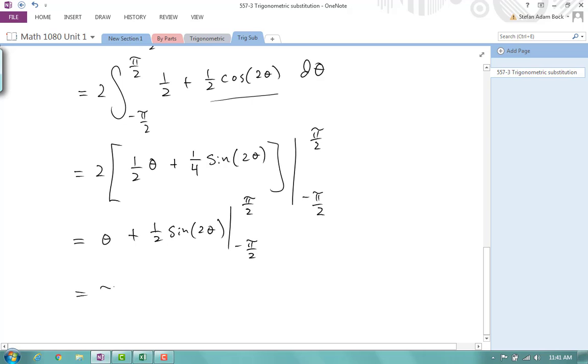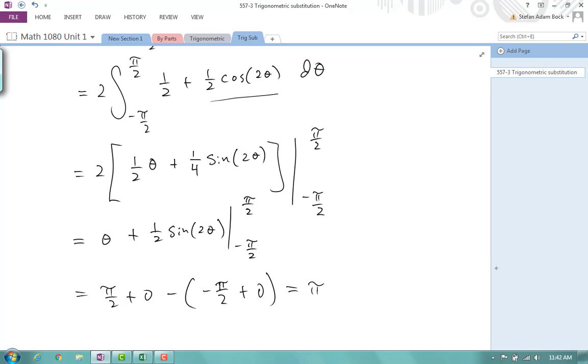So when I evaluate, I have pi over 2 plus 1/2 of sine of 2 times pi over 2, which is 1/2 of sine of pi, which is 0, minus negative pi over 2 plus 1/2 sine of 2 times negative pi over 2, which is sine of negative pi, which is, again, 0, giving me pi. In fact, this fits what we know for the area of a circle.